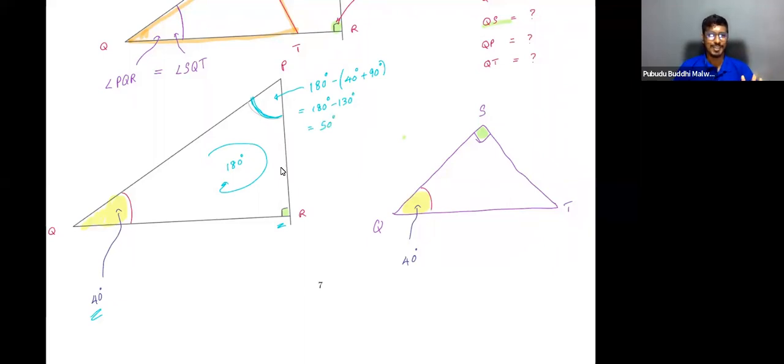Just a random value, right? So random value, 40 degrees. But I use the same value to explain the concept. So no worries. Similarly, compute this one. Again, 180 degrees, sum of interior angles of a triangle. Same calculation gives us the same angle, that is 50 degrees.